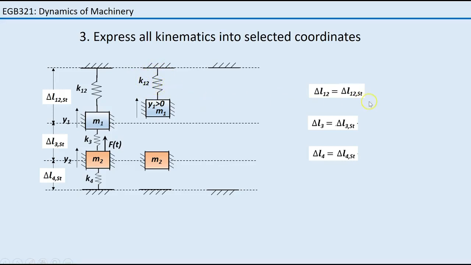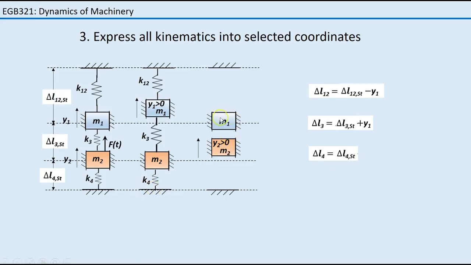So the expression for this one will have negative y1, negative because compressed, and y1 is the amount of displacement M1 has. The effect on k3 will be that it will extend. So the expression for del L3 is plus y1, plus for extension, and y1 is the amount of displacement. In the case of k4, there will be no effect on k4, so we don't write it.